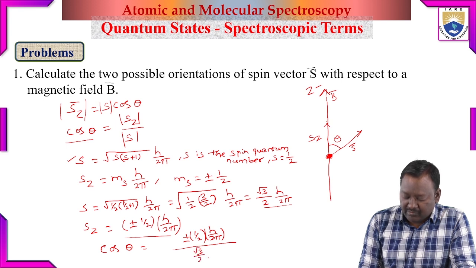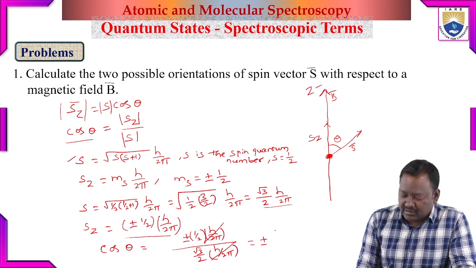Cancelling the common terms and simplifying, we easily reach the value plus or minus 1 by root 3.